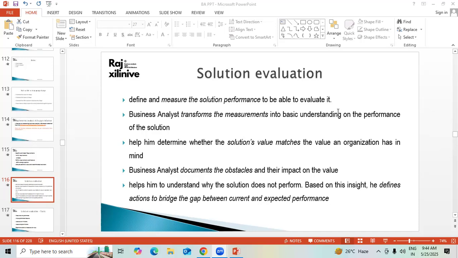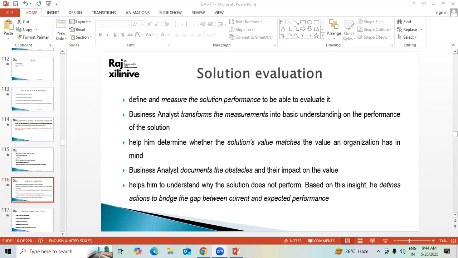There are a couple of documents right from the beginning: the business case, use case documents, business requirements or functional requirements documents, software requirement specifications, technical specifications, finally landing up with the solution documents.